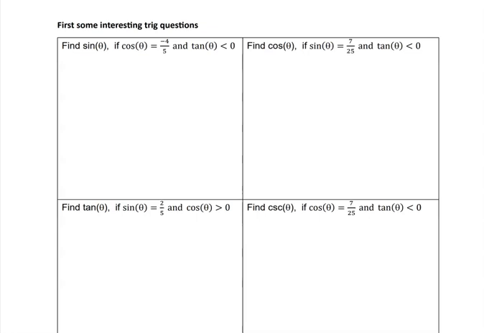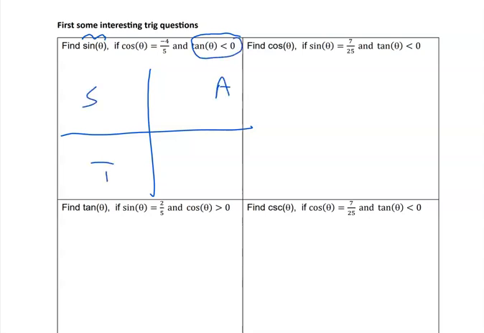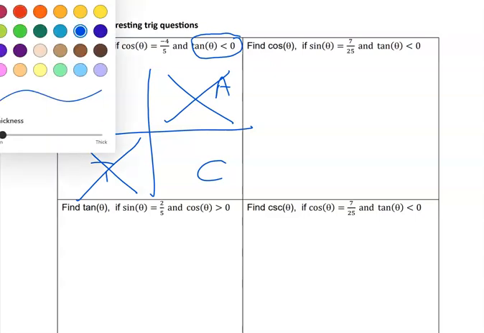All right, before we get started with inverse trig, I want to look at some interesting trig questions. In this case, we're trying to determine what sine is given two pieces of information. We're told that tangent is negative. So if I think about that, tangent being negative means that tangent cannot exist in those two quadrants.